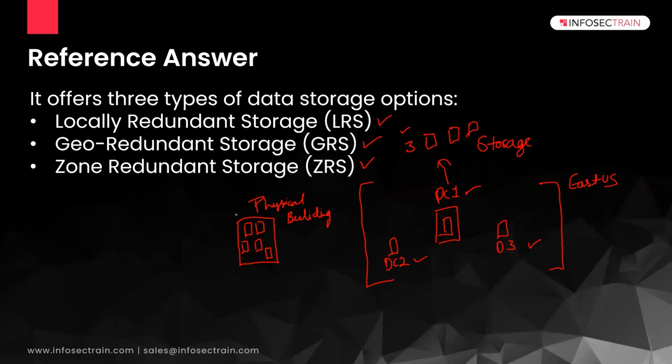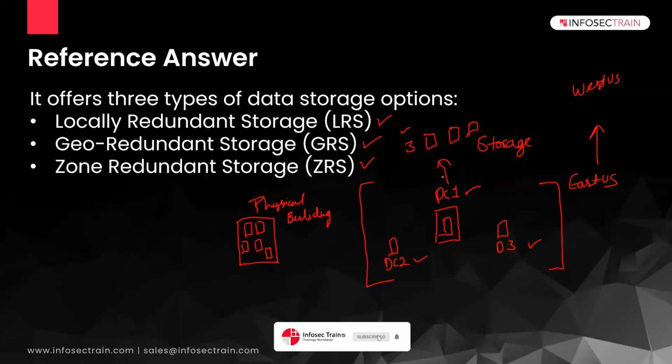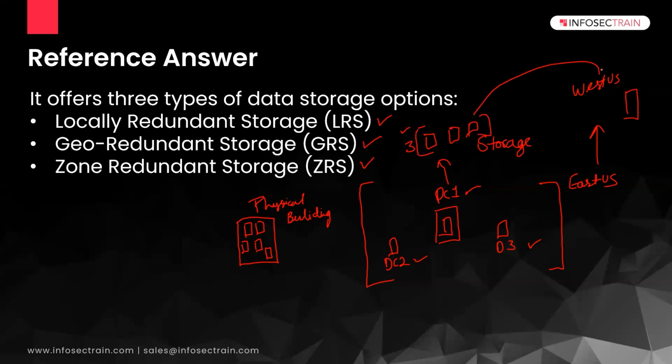Now there is geo redundant as well. It means that if this whole East US is down, then there is the option of geo redundant. Let's say East US is paired with your West US too. So there are 3 copies in one data center here, and first it applies LRS, then it tries to copy the same thing into another region as well, so that in West US, in one data center, there will be 3 copies of your data, right?